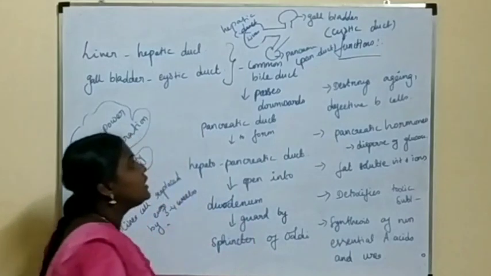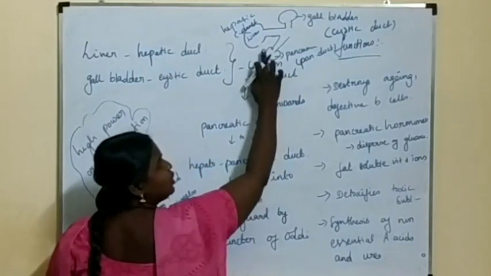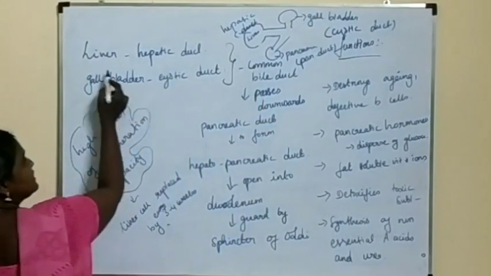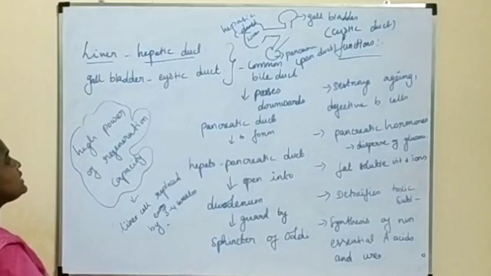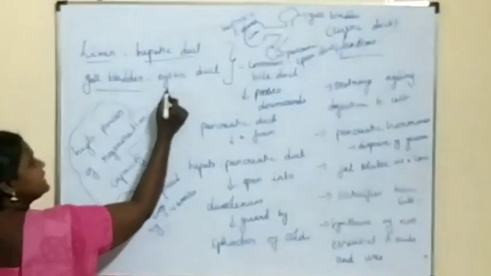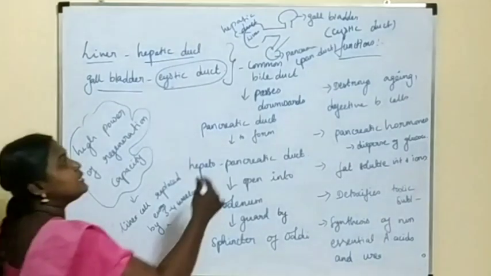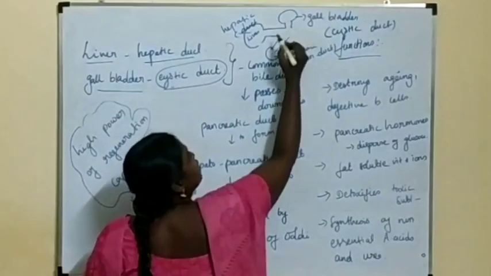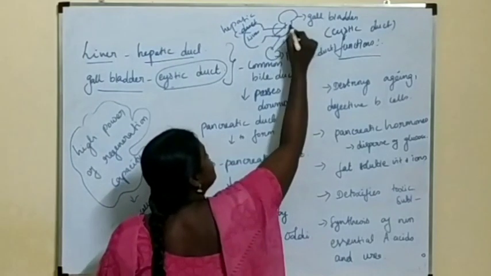So this is the liver, gallbladder and pancreas. In the liver, what is the name of the duct present? It is the hepatic duct. What duct does the gallbladder have? It is the cystic duct. Now the liver and gallbladder are attached.